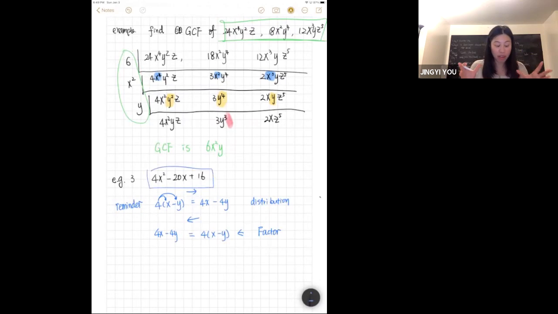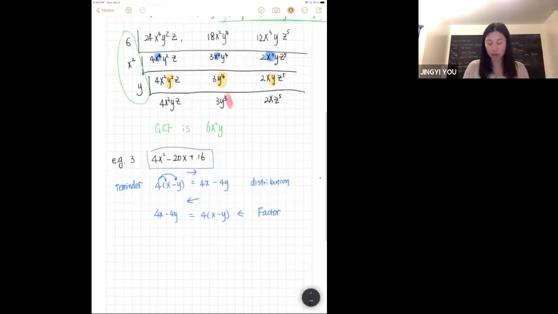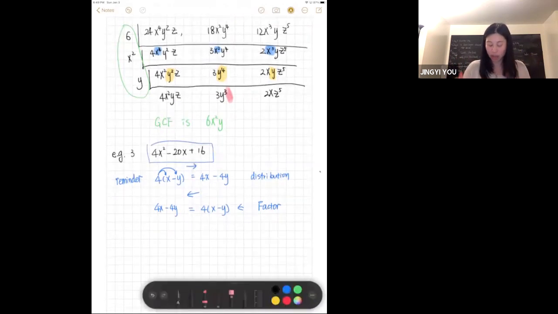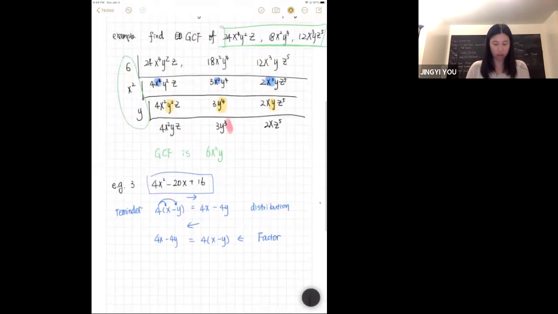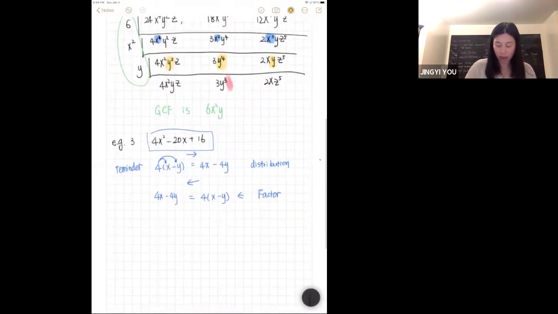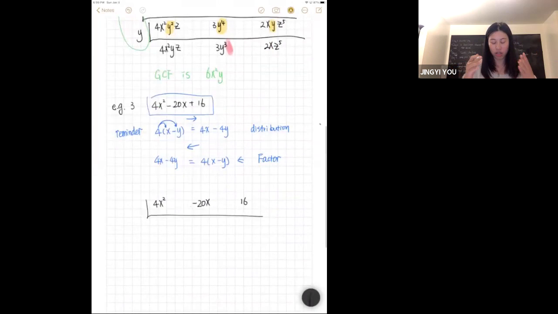So the first step is I want to find the greatest common factor. Use the method that I just taught you on the second example. So I have 3 terms, 4x squared, and then negative, don't forget the sign, which is really important, negative 20x, and then positive 16. We don't put any sign in front of it because the default would be a positive number. So now let's find the common factor. Let's look at the numbers.